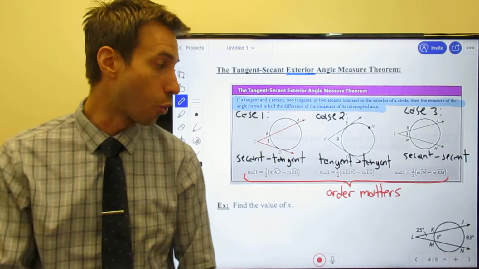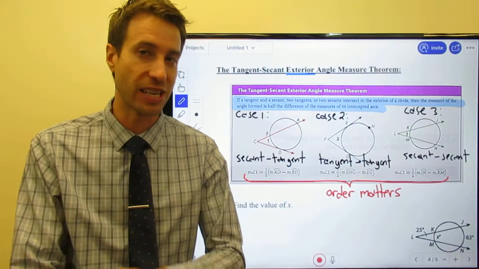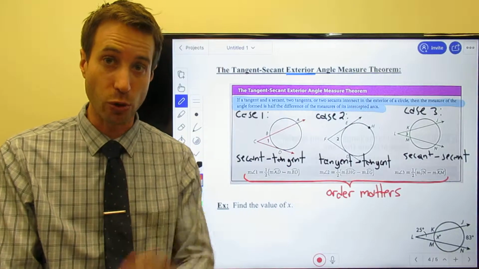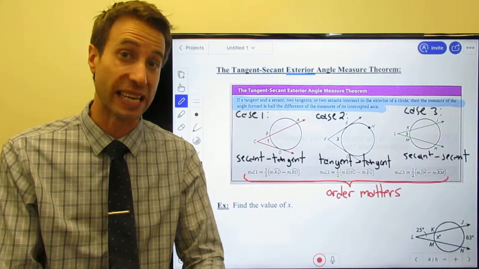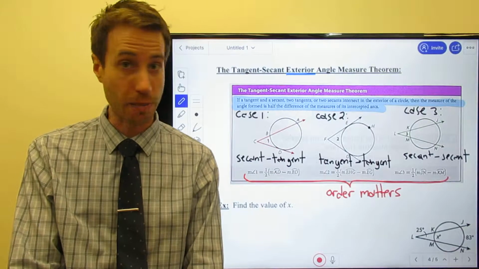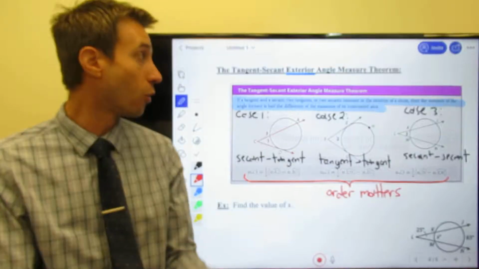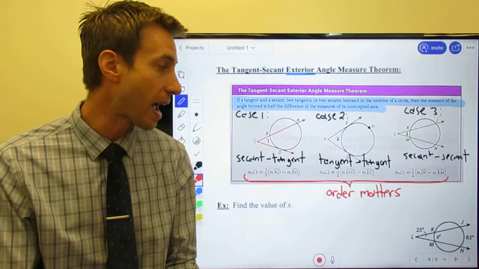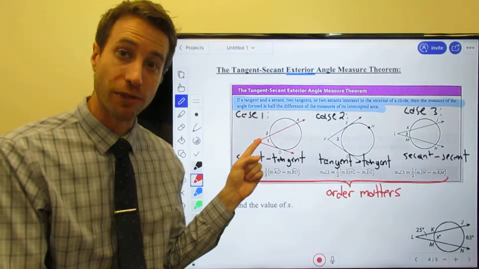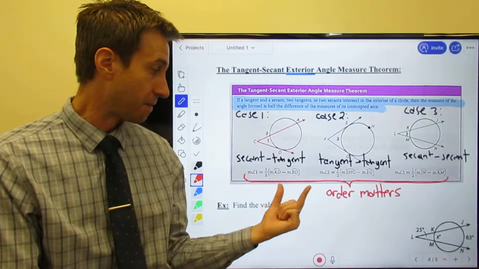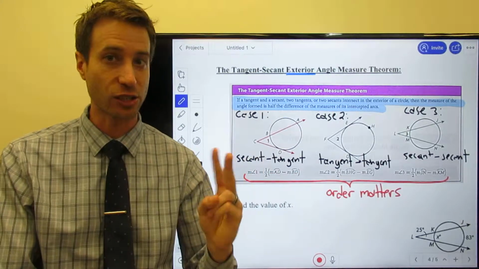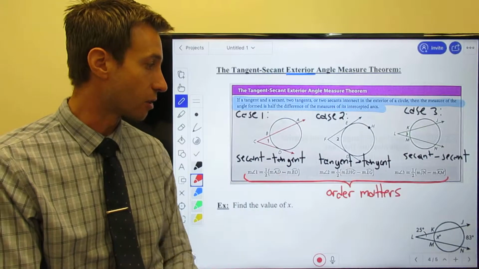You must put those in the right order. If you switch them, you will get a different answer and it will not be right. So please be careful when you're doing tangent, secant, exterior angle measures. When you're asked to find the measure of a circumscribed angle, these formulas must be used exactly the way that they're written. You cannot switch the order of these arcs.